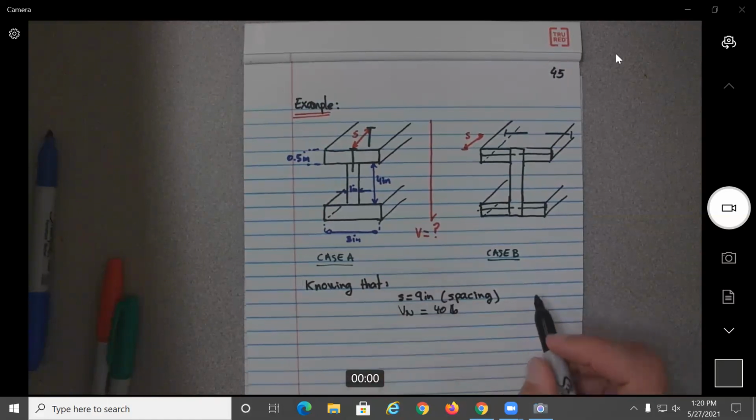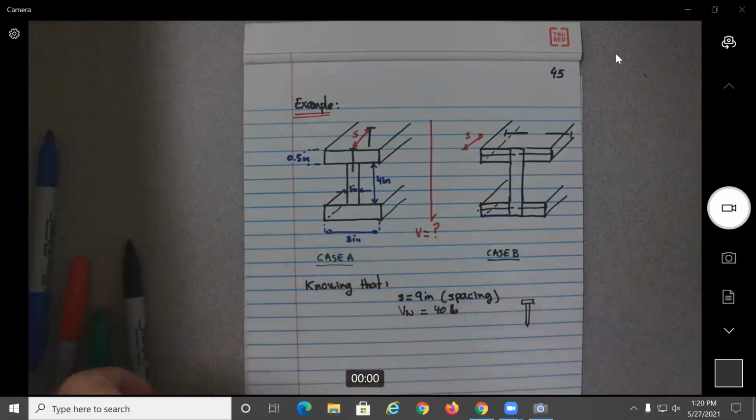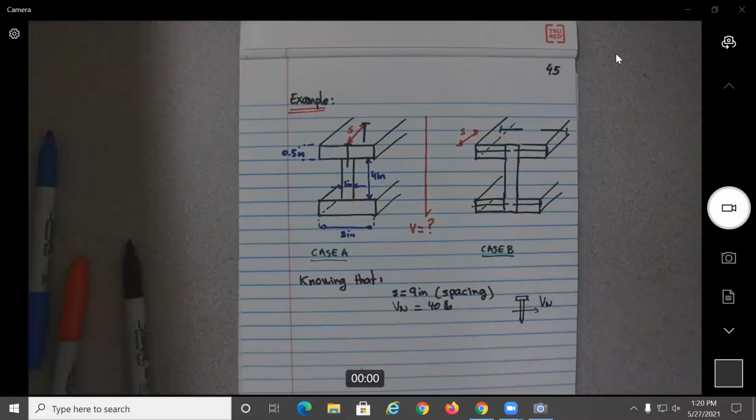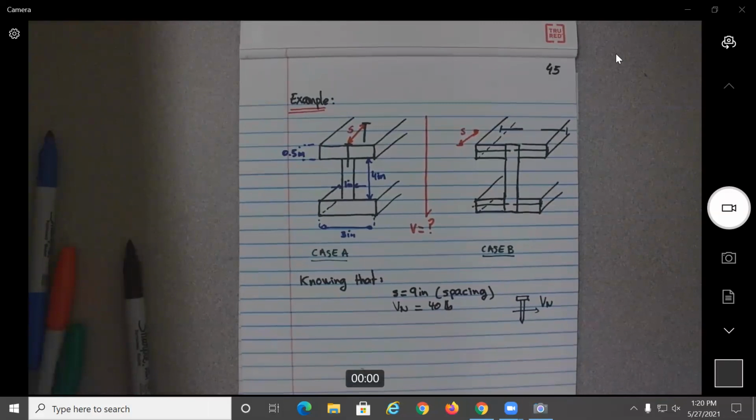So basically that means the force you can apply to the nail in order to break it is 40 pound-force.